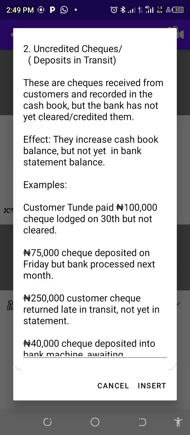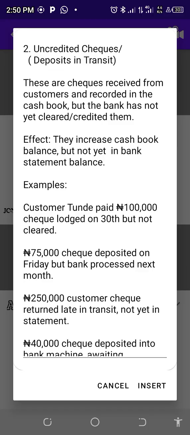Yes, a customer paid a 100,000 check into the account, took it to the bank, and because of the clearing system, the bank is delaying crediting that check into the account. Already, it has been recorded in the cash book on the debit side, that Tunde has paid, but the bank is yet to clear the check.